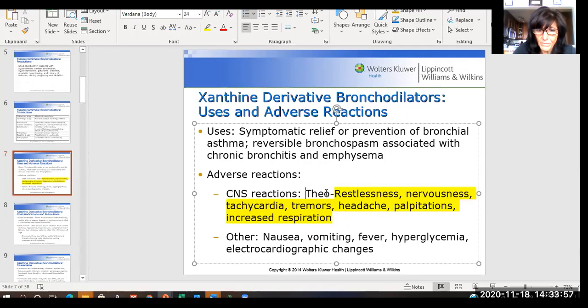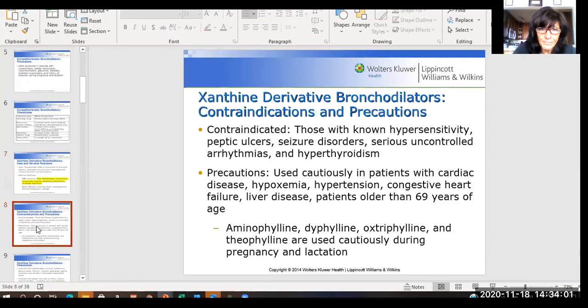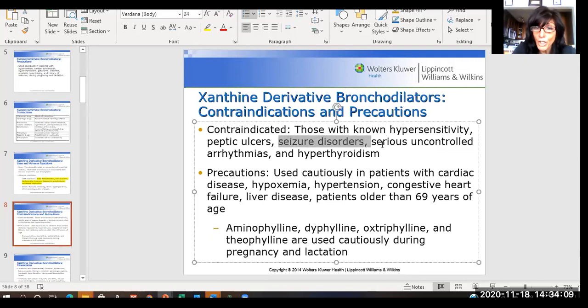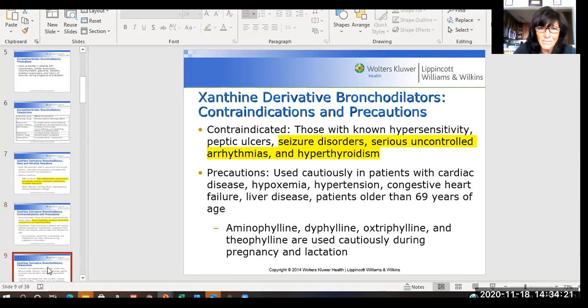Theophylline, okay? And if the patient has, I'm not even going to get into all this, the peptic ulcers, but if they have seizures, right, uncontrolled arrhythmias, hyperthyroidism, they cannot have this drug. Cannot have this drug because it's going to give them a seizure or it's going to give them a heart attack, okay? So that's important to know.